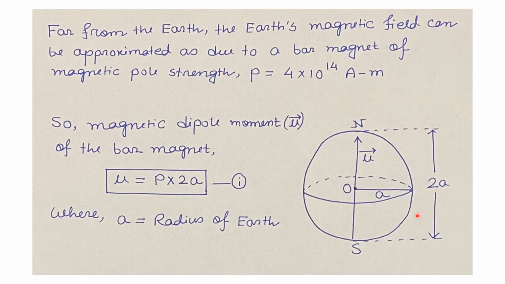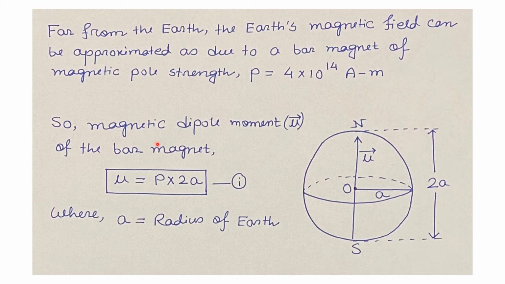The current carrying loop has the radius a, which is the radius of Earth, and the magnetic dipole is directed towards the north. The magnetic dipole moment is mu, and the length of the magnetic dipole is 2a.